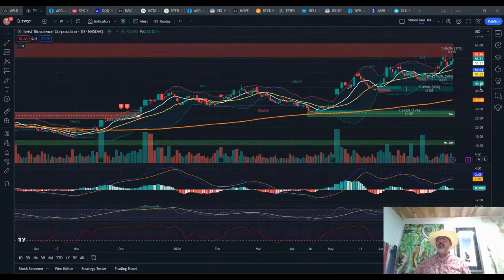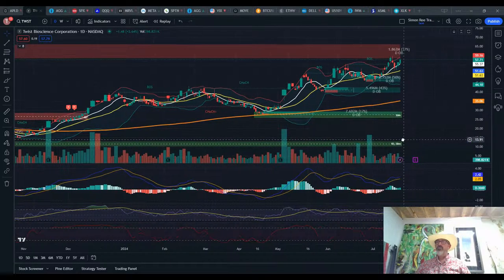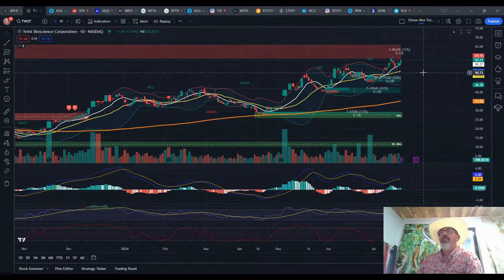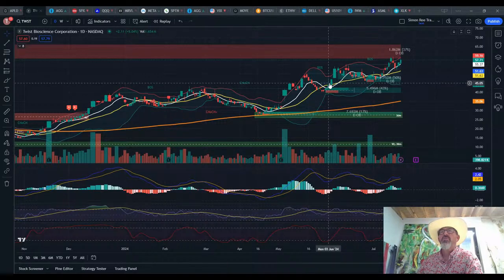And earnings are on, let's move this over so I don't click something else, August 2nd, so that could be a determiner of what this is going to do. Let's look at it. Here you had a move higher through the 9, through the 20, back on the 3rd of June.